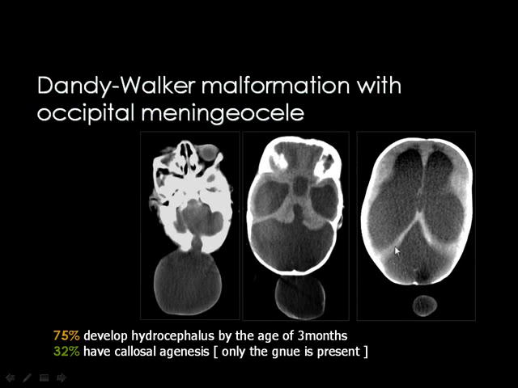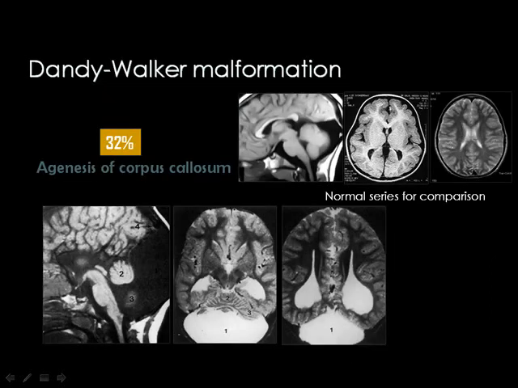Another case of Dandy-Walker malformation, posterior fossa cyst communicating with the fourth ventricle through the aplastic vermis. The cerebellar hemispheres are hypoplastic, the supratentorial ventricles are dilated, and the patient also has an occipital meningocele. Then the Dandy-Walker malformation and many of the hydrocephalic changes may be associated with agenesis of the corpus callosum.